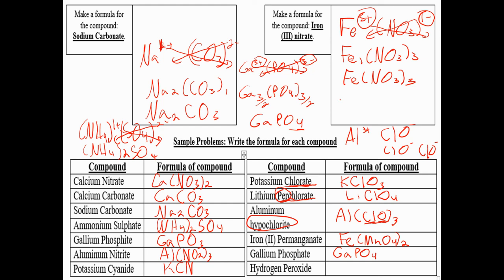I know it's a bit messy here, but hydrogen is going to act as a metal, so 1 plus. The peroxide is O2, 2 minus. Crisscross it, and you get H2O2. And that's hydrogen peroxide. So if you had some trouble with this, do go back and retry it and see if you get the same answers as me.